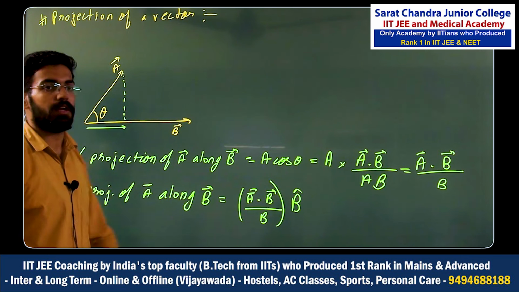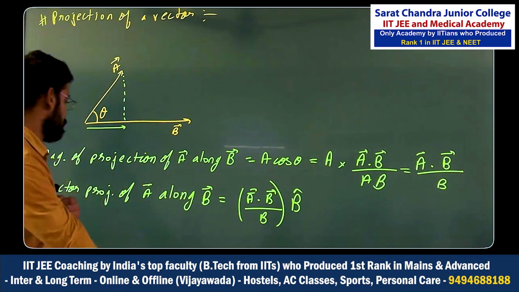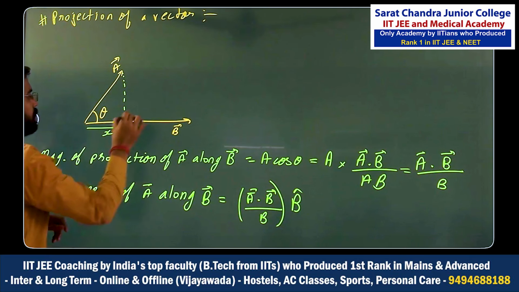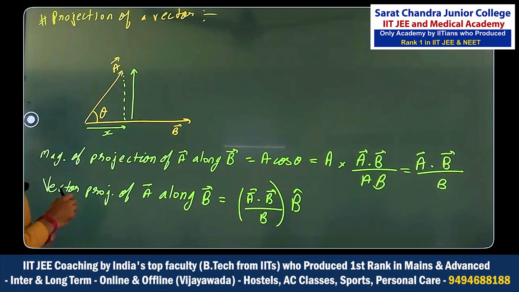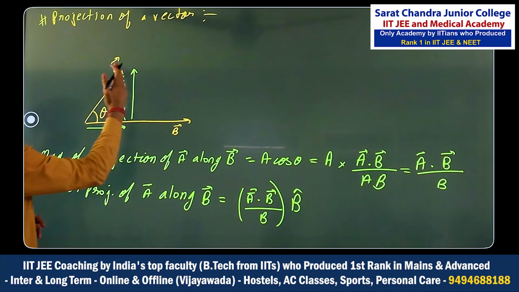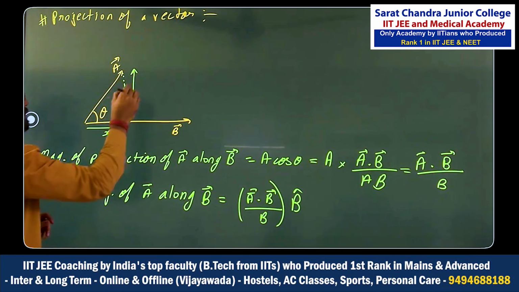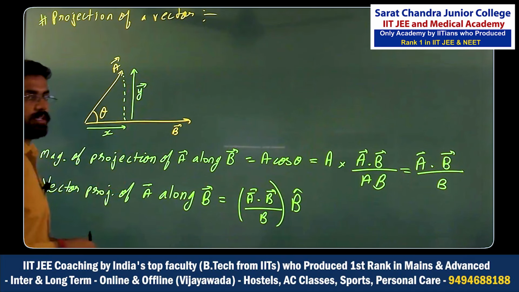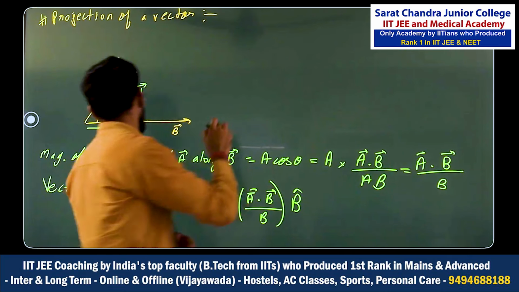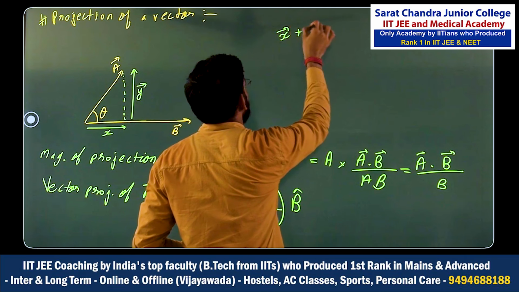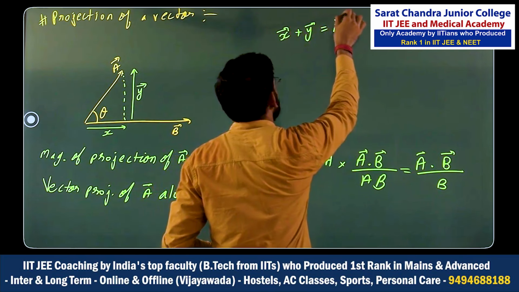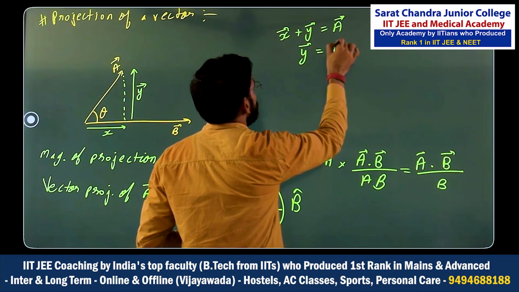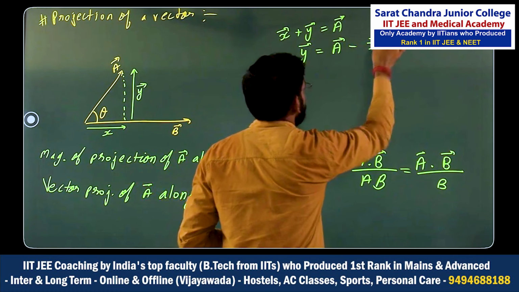He can ask you the perpendicular projection also. So if we say this is X, then the perpendicular projection is this one. One is along and one is perpendicular. This we call Y, let's say Y vector. Can we say X vector plus Y vector is A vector, right? So Y vector is how much? A vector minus X vector.